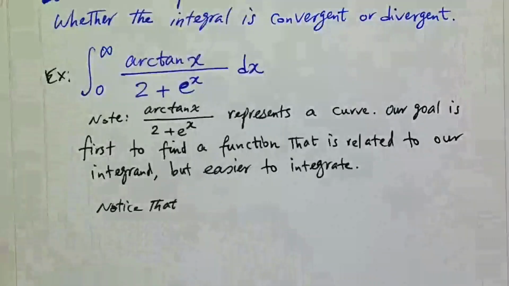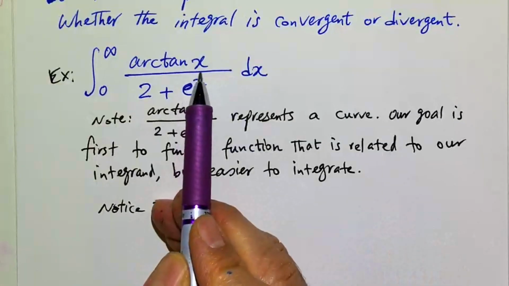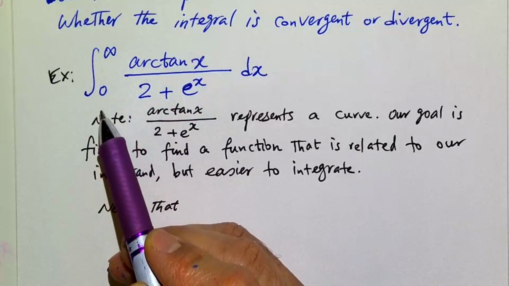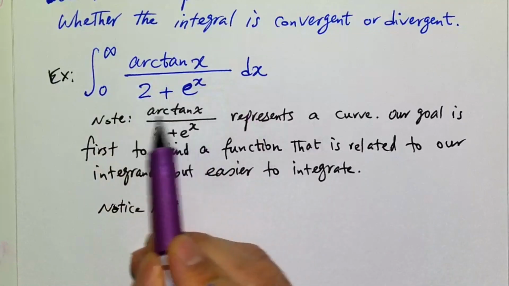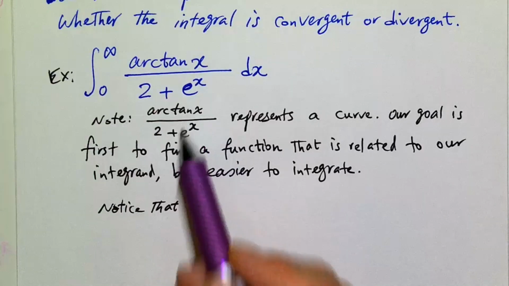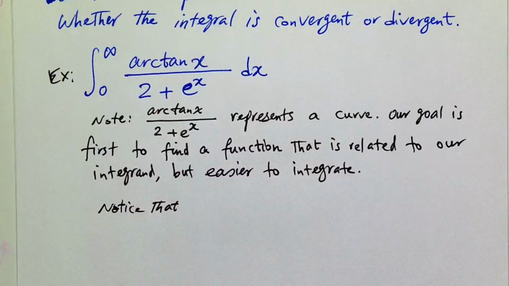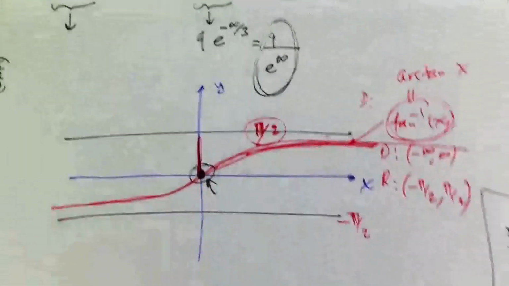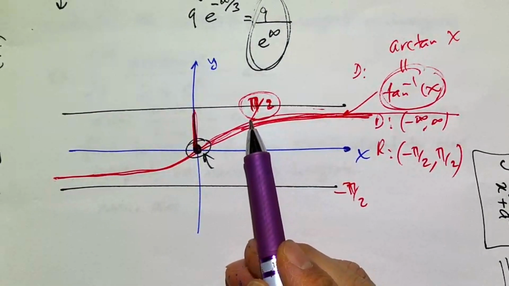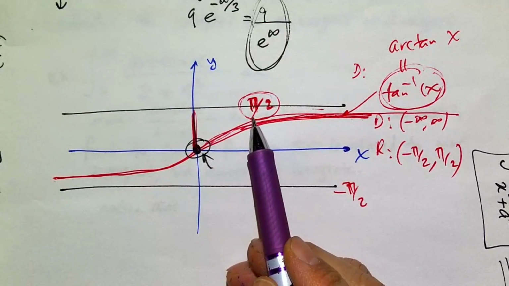So for sure, we know that whatever the value of x over this interval, arctangent x is not going to be larger than or even equal to pi over 2, right? This knowledge comes to us from what we did in Math 127, Precalculus 2.